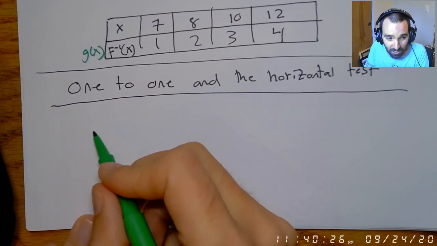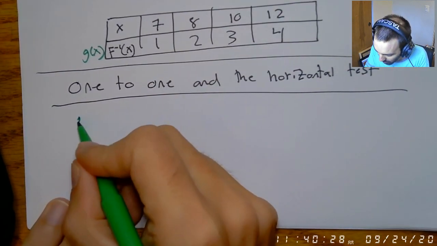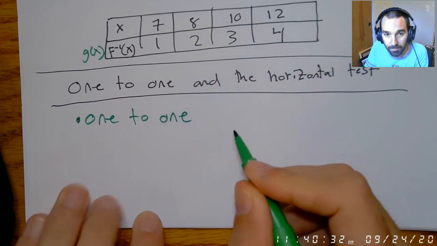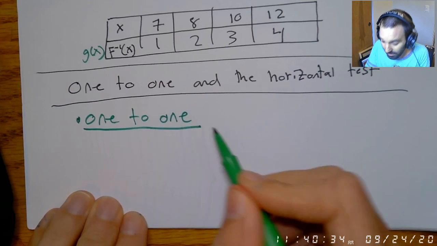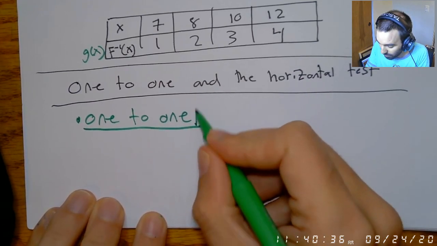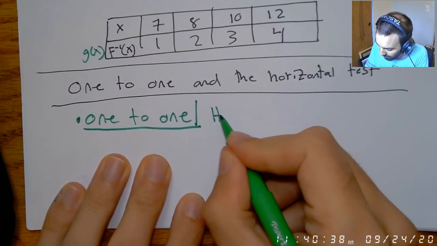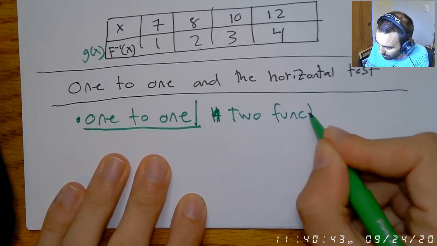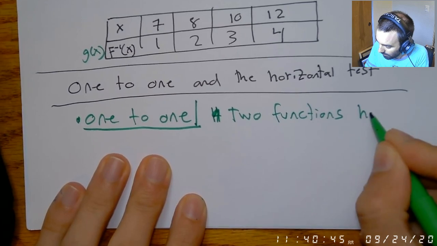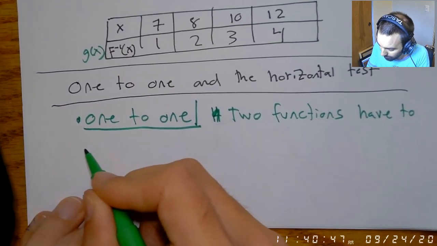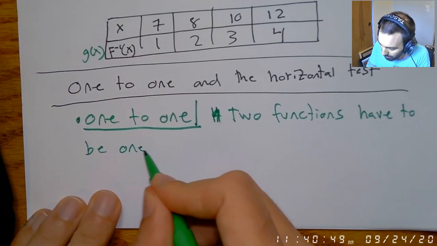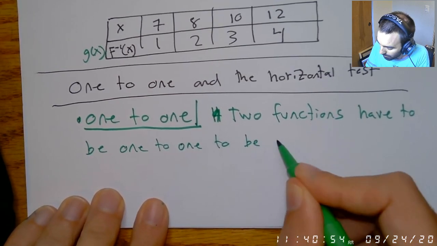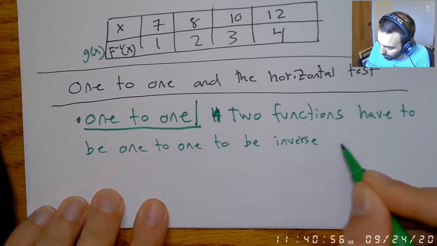Okay. So one-to-one horizontal test. So what's one-to-one? One-to-one. That is the requisite. So two functions have to be 1-to-1 to be inverse functions.